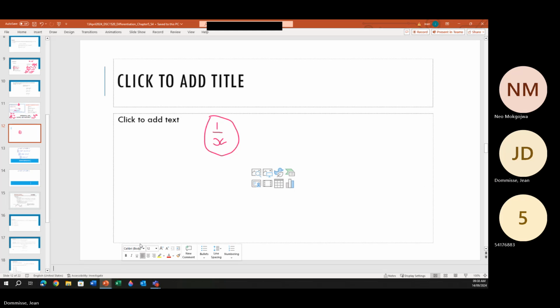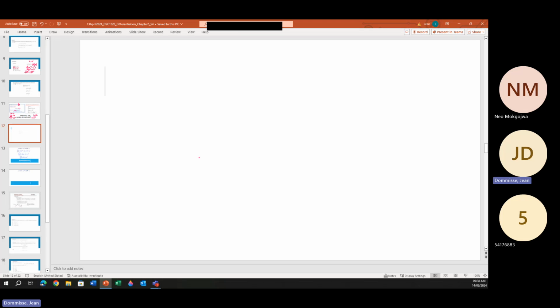Okay, so let's say we've got log of x. So you need to differentiate that. That will automatically become, if you differentiate it, 1 over x.